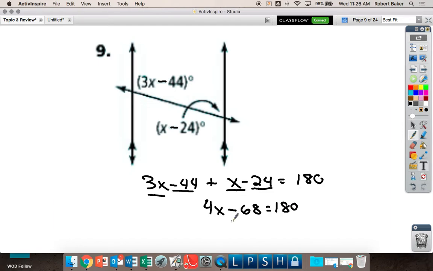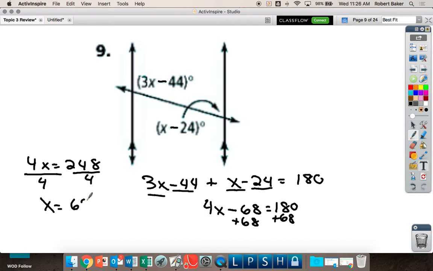Add 68 to both sides. 4x equals 248. X equals 62.